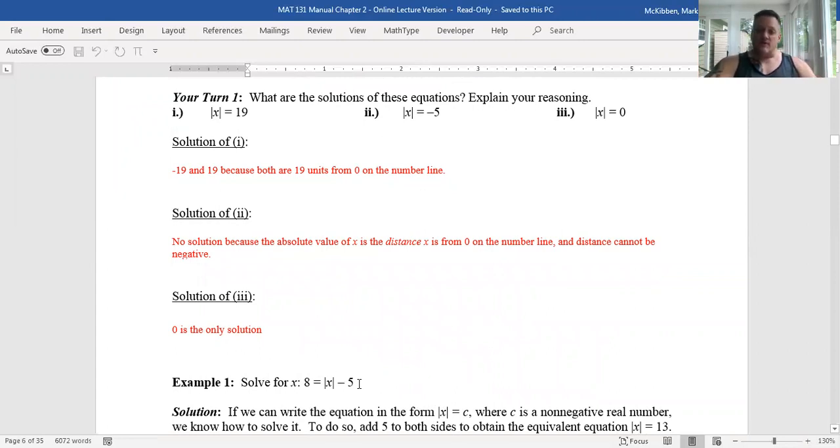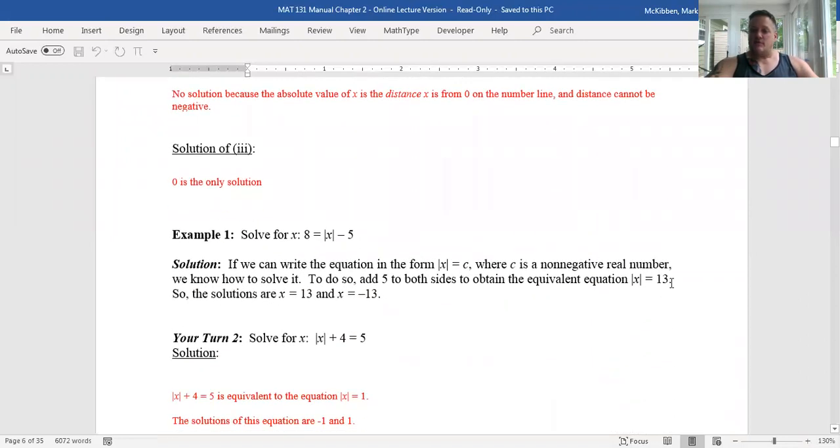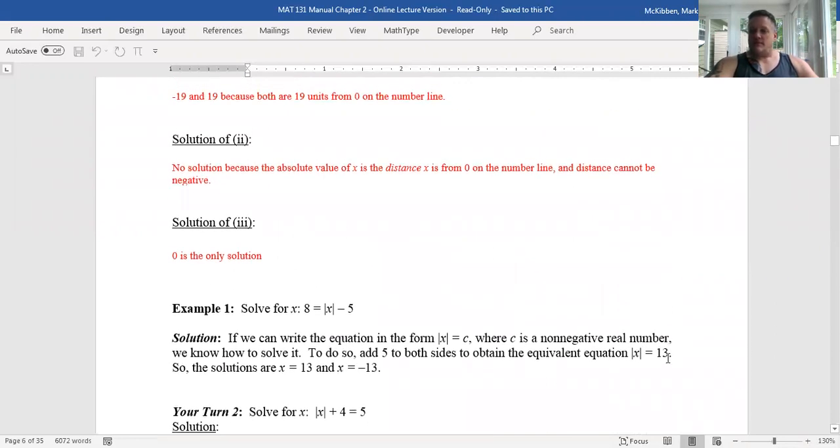For instance here, to rewrite this in that form, all I have to do is add the 5 to both sides to get the absolute value of x equals 13. Since that is positive, the two solutions are 13 and -13.